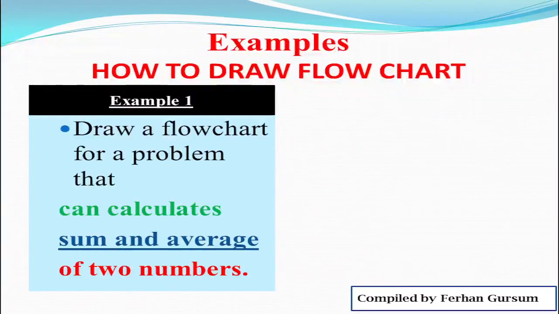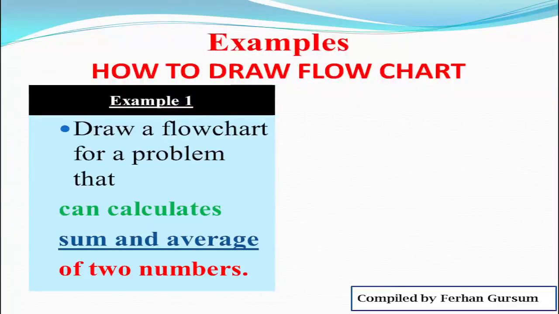The algorithmic expression for this may be: first, read the values of two numbers, maybe x and y or a and b. Then add the two numbers x and y and assign to a variable, sum equals x plus y, since the question says sum and average.